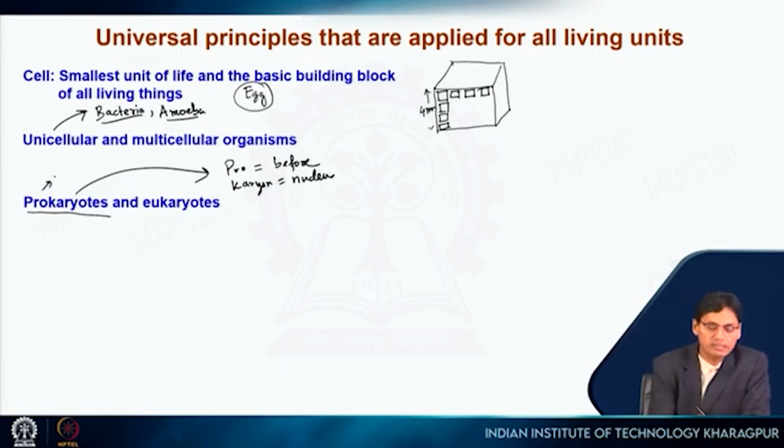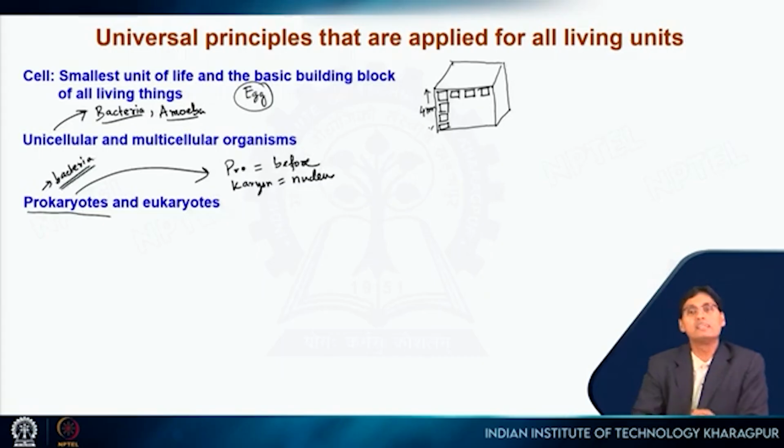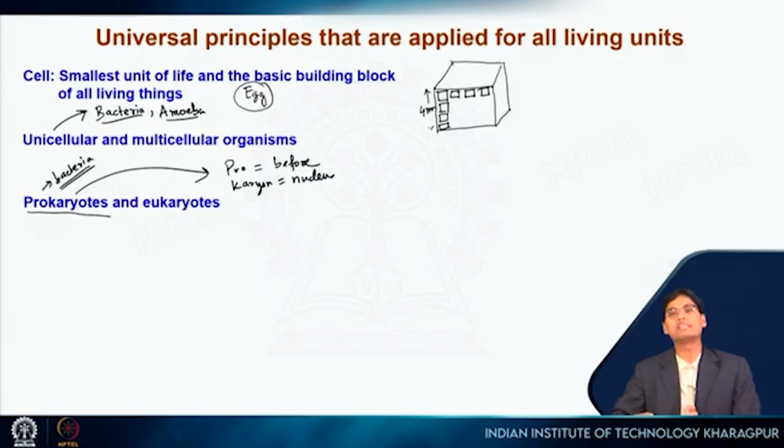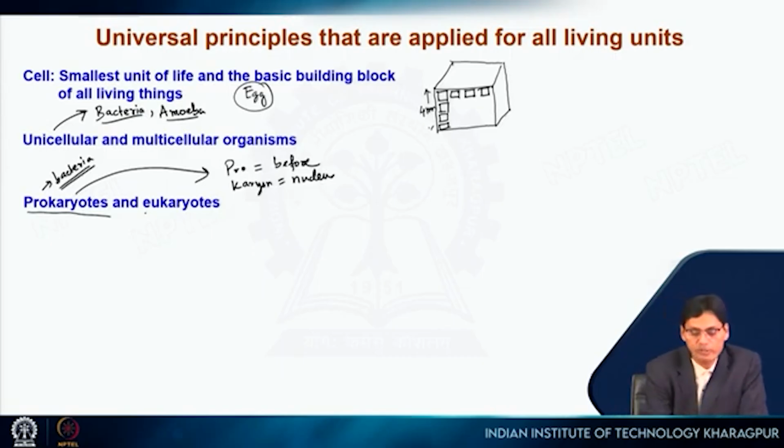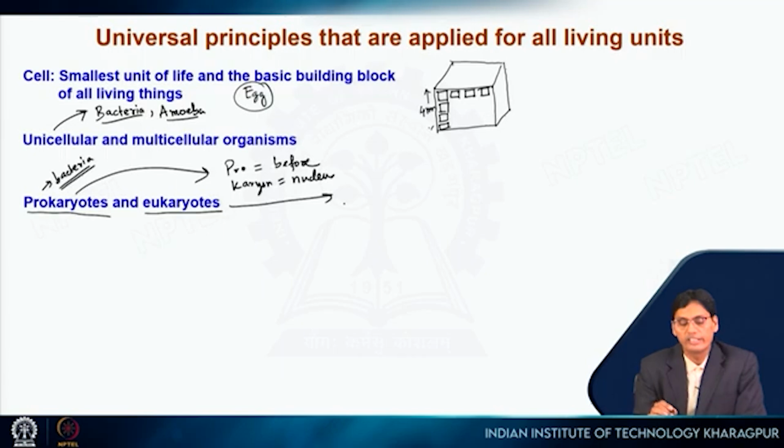I would say bacteria. All bacteria are examples of prokaryotes. That means they don't have a nucleus. This is before nucleus. They do have genetic material, but they don't have a nucleus. But in the case of eukaryote, eu means true and karyon means nucleus. So as a result, they have a true nucleus.